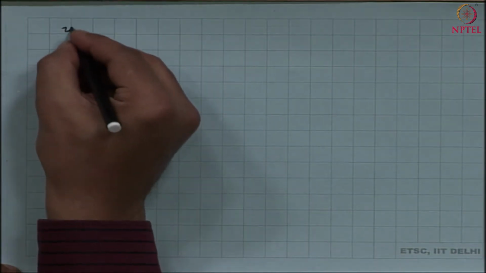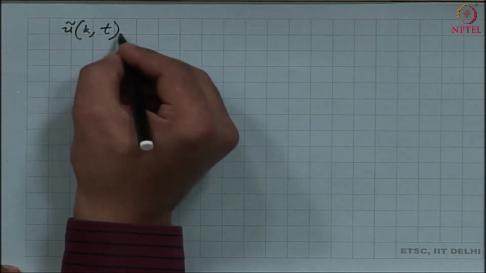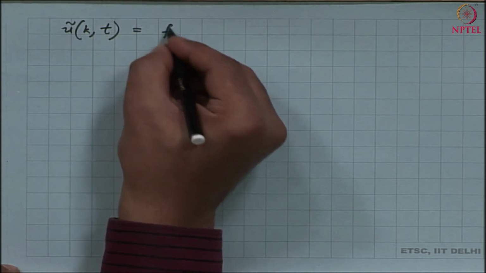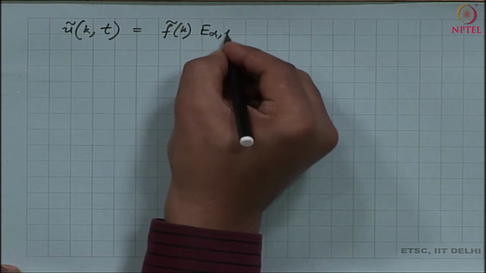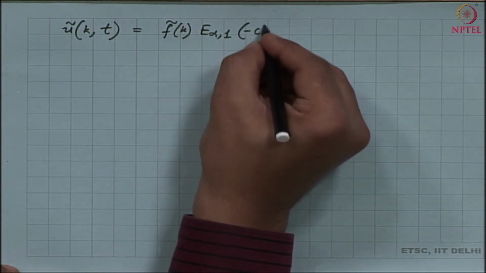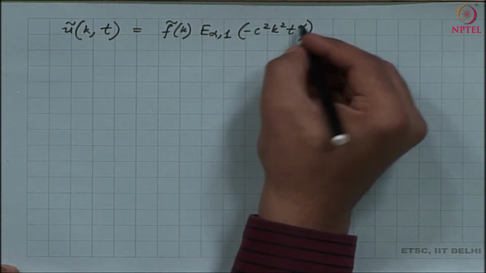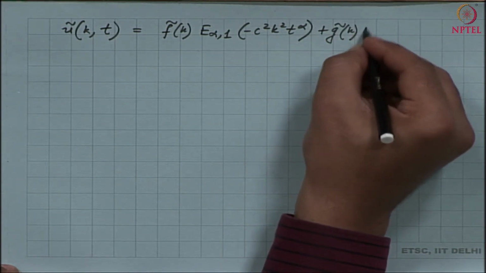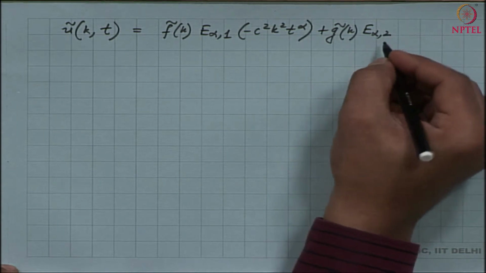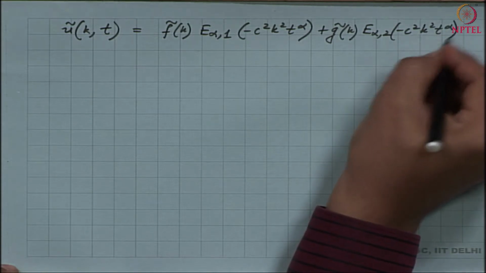My solution in Fourier space and physical time is f tilde of k times the Mittag-Leffler function E of alpha comma 1 with argument negative c squared k squared t to the power alpha, plus g tilde of k times the Mittag-Leffler function E of alpha comma 2 with argument negative c squared k squared t to the power alpha.